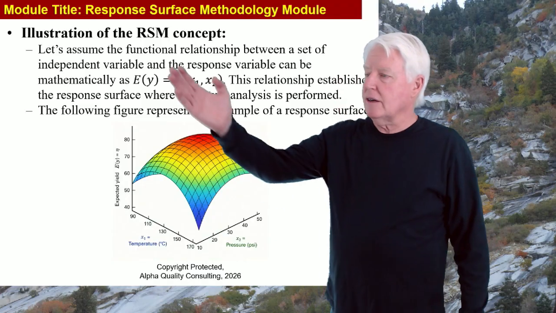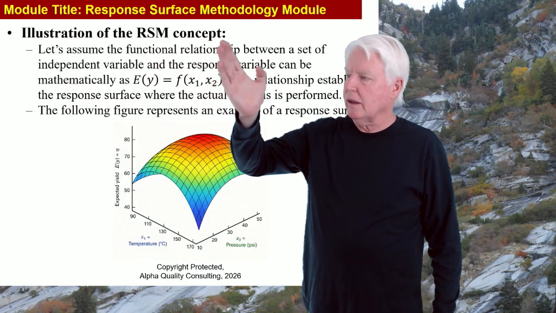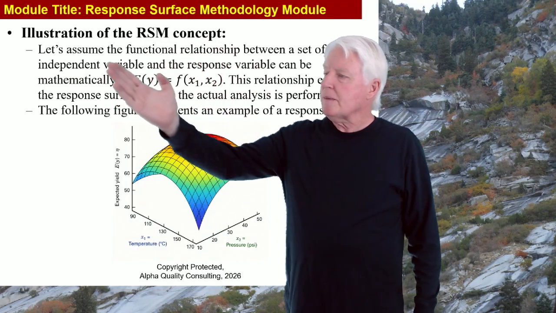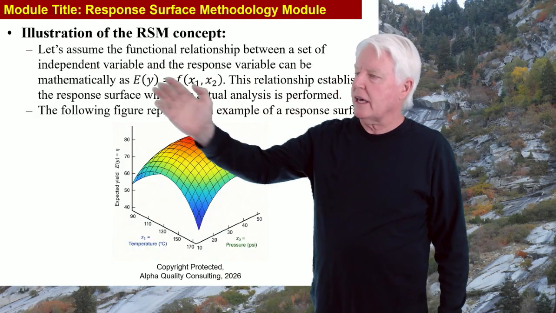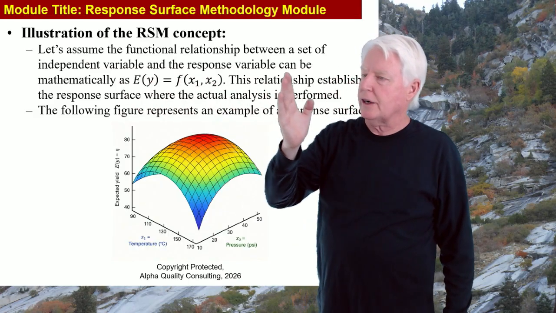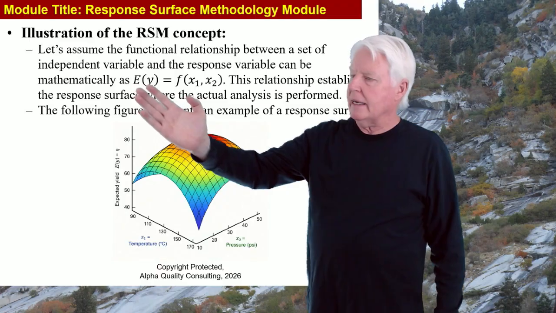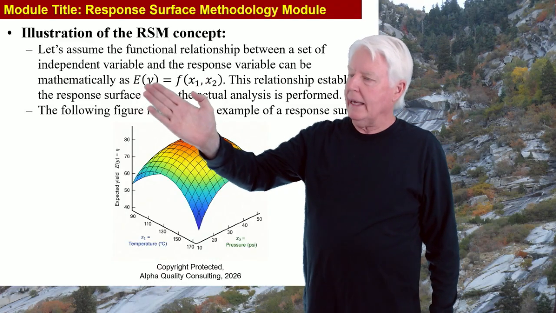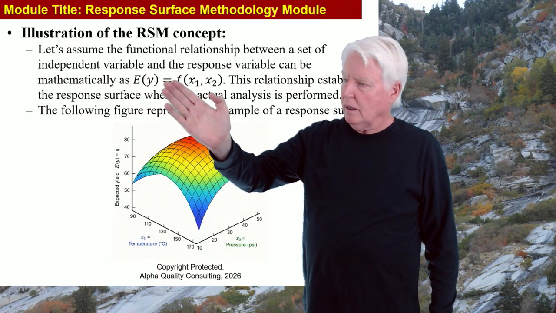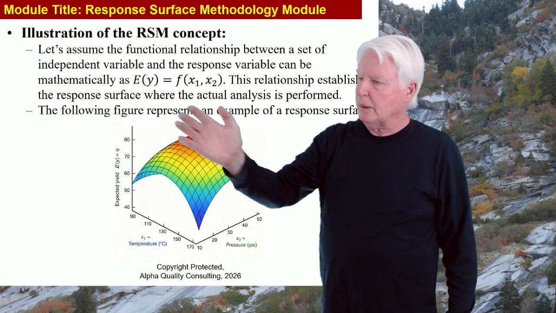Okay, illustration of the RSM, response surface methodology, concept. Let's assume the functional relationship between a set of independent variables and response variables can be expressed mathematically as given: y, a dependent variable, is a function of multiple x's.